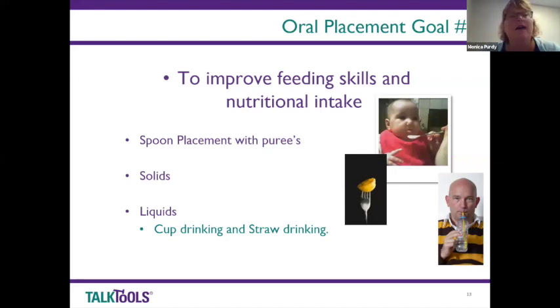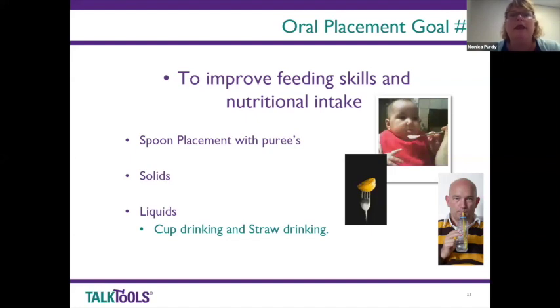Okay, so think about that from a muscle standpoint. Children, when they are drinking from a bottle, they're using this suckling motion, this forward and backward movement. What do you need for speech? You need tongue retraction. The same thing is true with sippy cups.